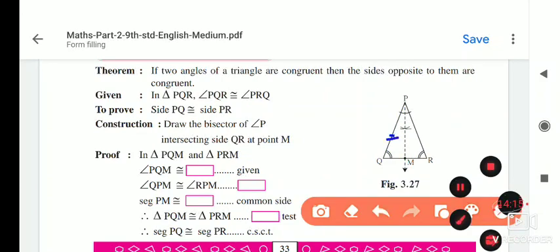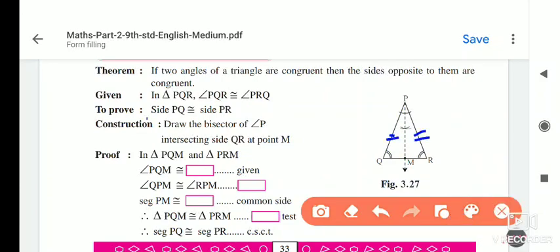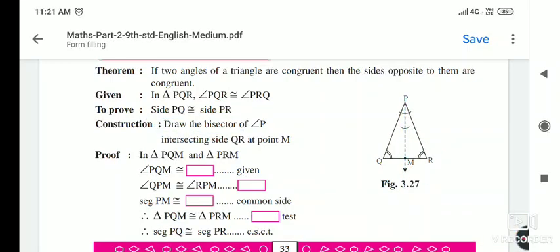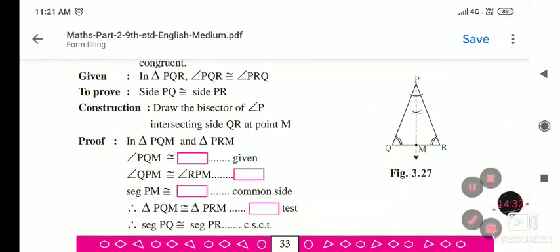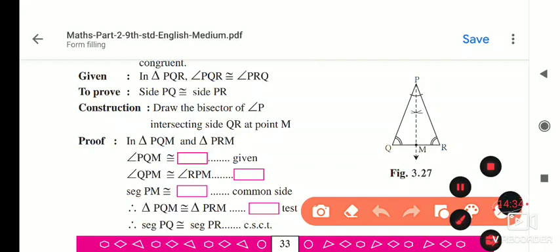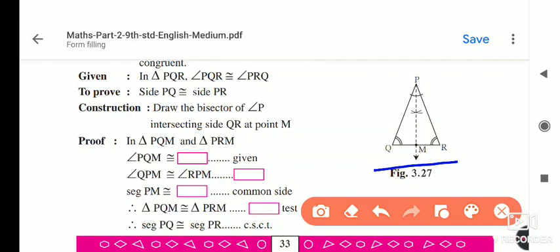We have to show that PQ is congruent to PR. First, we do the same construction as above: draw the bisector of angle P. So PM is the bisector of angle P, and it intersects QR at point M.